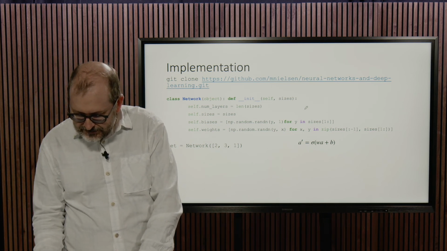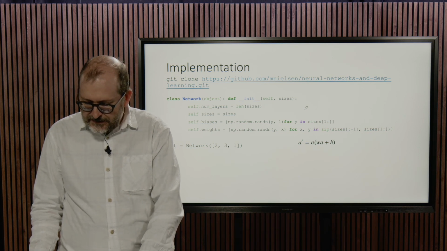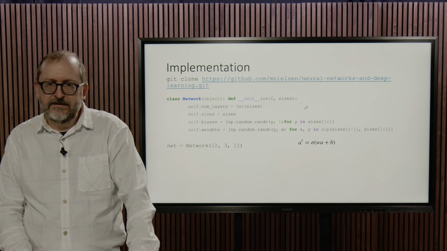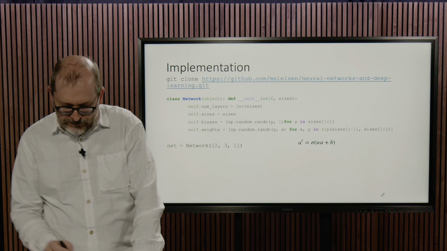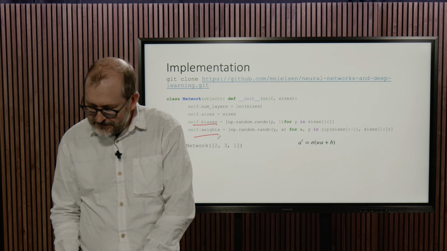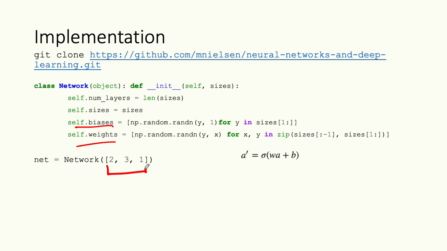So anyway, this first code snippet is basically creating random initial values for your biases and for your weights based on some input vector you give it. So if you say 2, 3, 1, that means that I have 2 neurons on the input layer, then 3 neurons in the hidden layer, and then 1 neuron on the output, right?